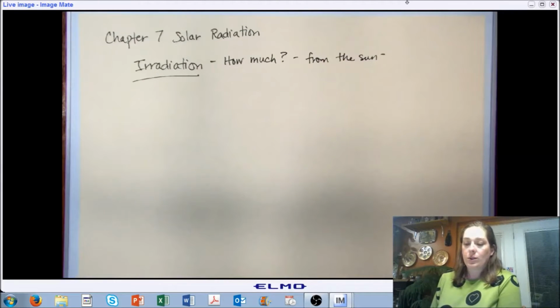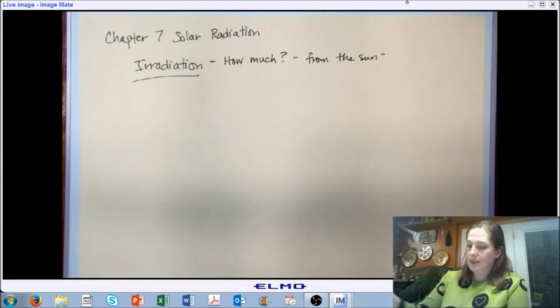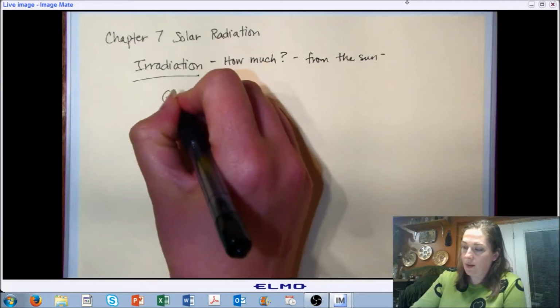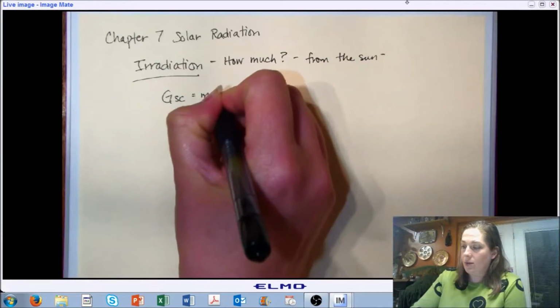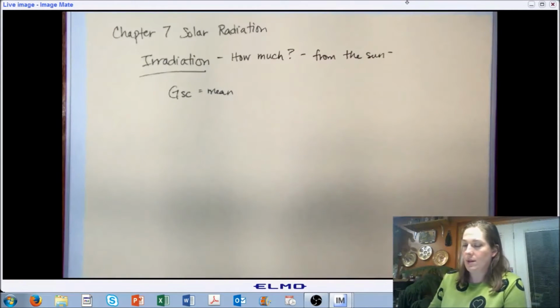The first thing we're going to look at is called the mean solar constant. So capital G sub SC is the mean solar constant.